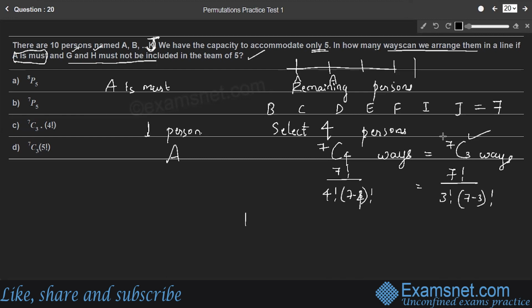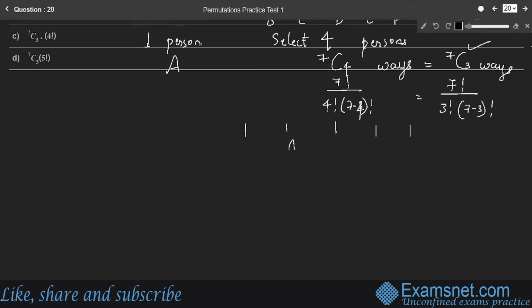So out of 5 persons, you can place A wherever you wish. Therefore, including A, in how many ways can these persons be arranged? 4 persons can be selected in 7C4 ways or 7C3 ways, and in between them, A can be arranged in factorial 5 ways.